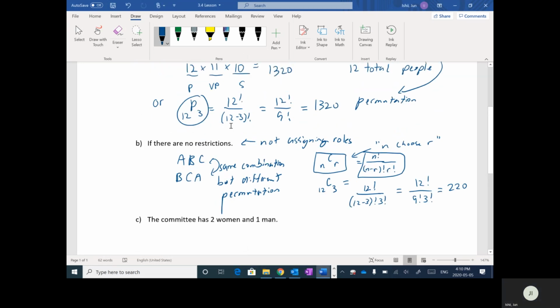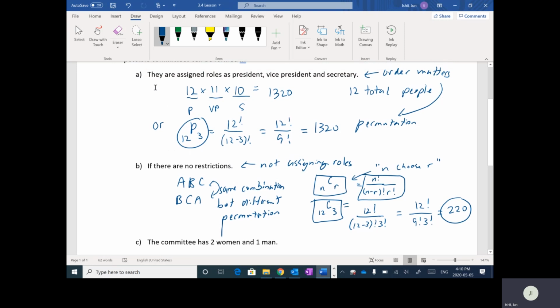Okay, so this is the answer for this question. So there's 220 ways of picking just 3 people without assigning them positions, because the order that you pick those 3 people doesn't matter, compared to part A here, where the order did matter, if the order that you chose the people would be assigning positions.